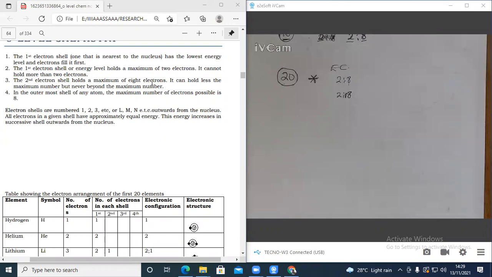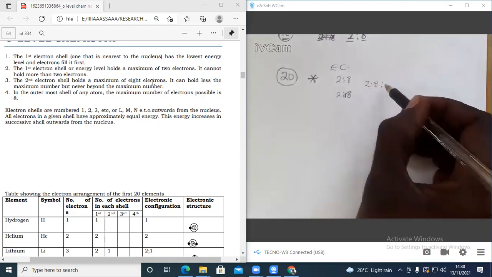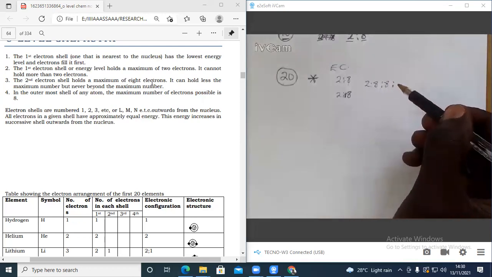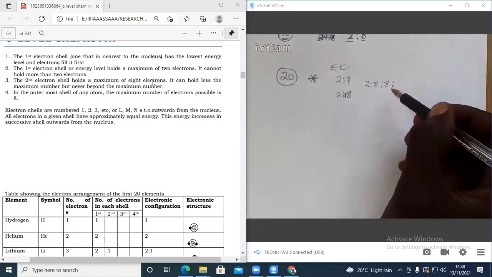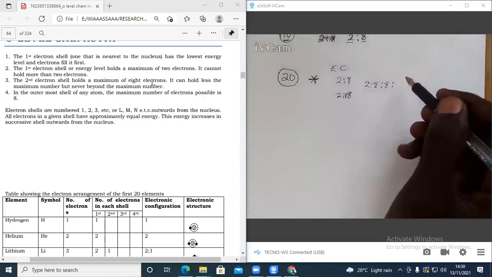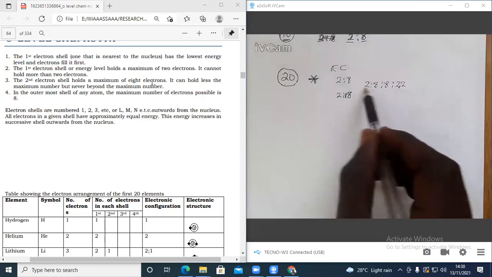So write for me the electronic configuration of an element that has atomic number 20. 2 to 8 to 8, no, 2 8 8. Yes. Is it 2 8 8 2 2? If you add this, does it give us 20?